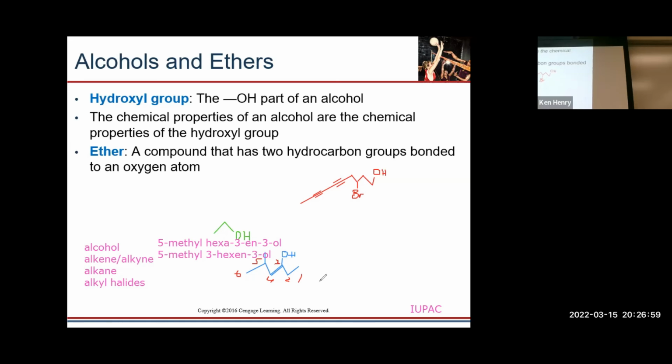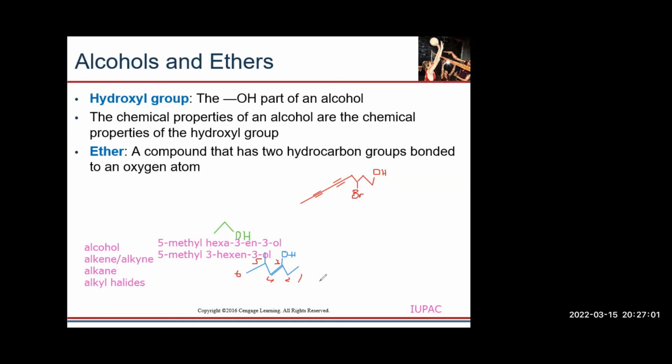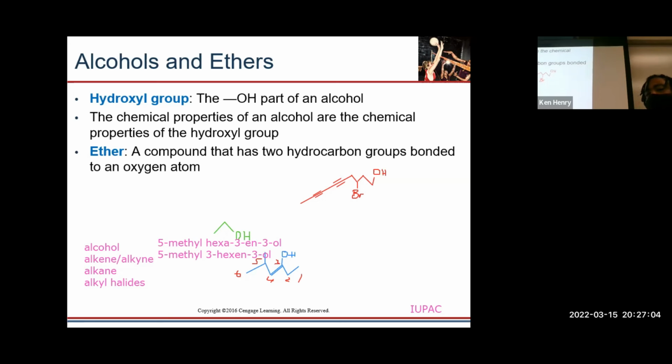So would it be the longest chain, 9? Where are we going to start counting from first? By the OH. So this is 1, this is 2, this is 3, this is 4, this is 5, 6, 7, 8, 9.